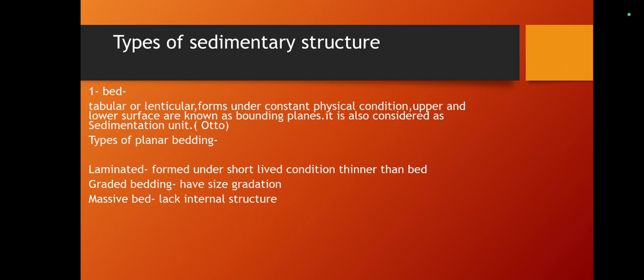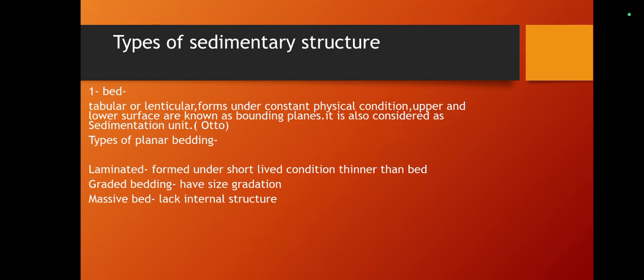Now coming towards graded bedding. Graded bedding, as its name suggests, grades from one size to another. At the bottom it may be finer or coarser depending on whether it is normal or reverse. In normal graded bedding, things are very fine at the bottom, and as we move up we can see that it gets coarser.